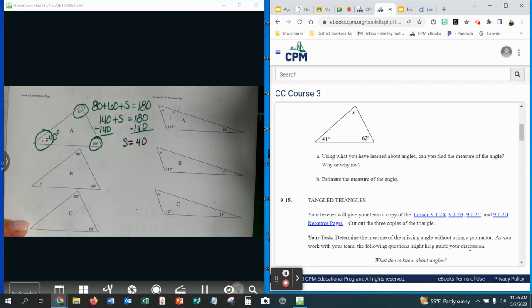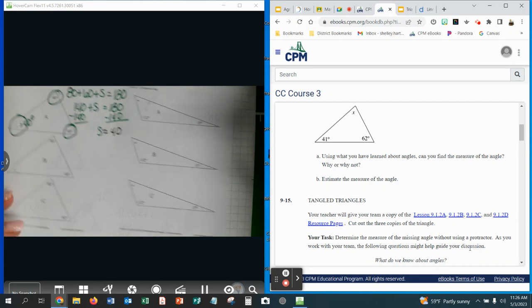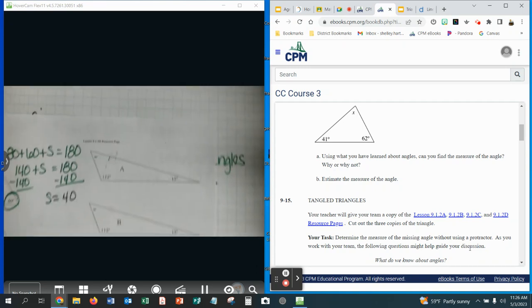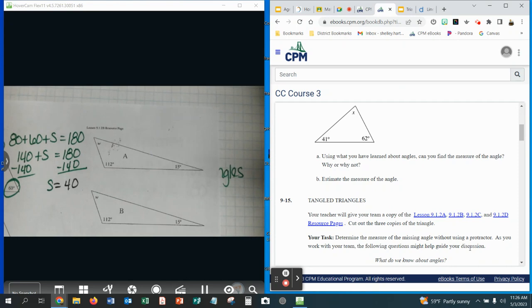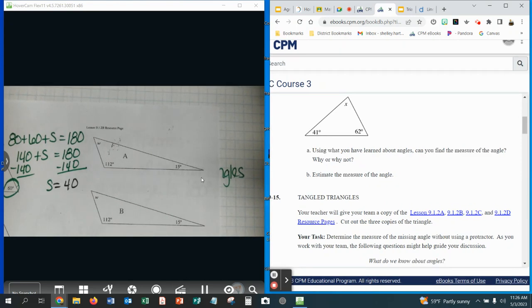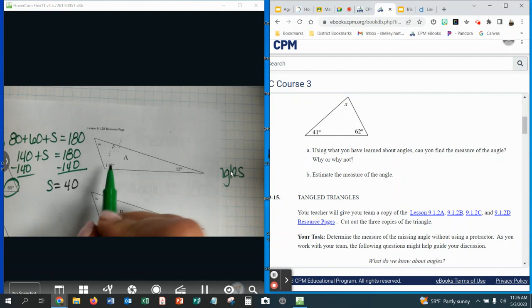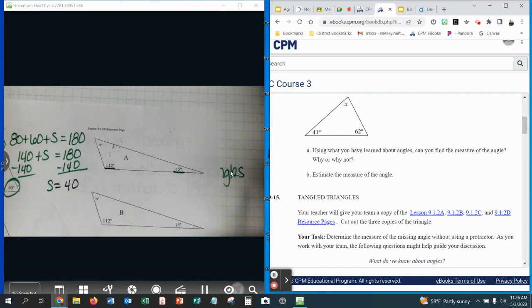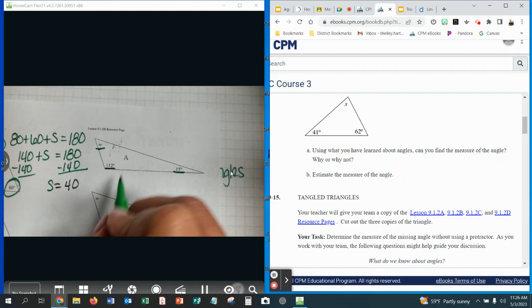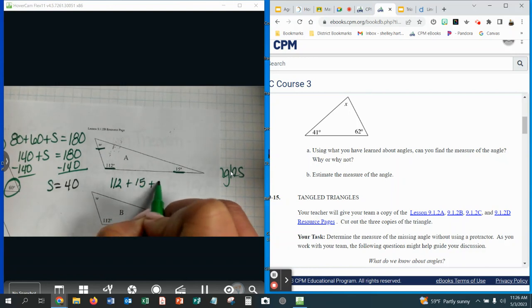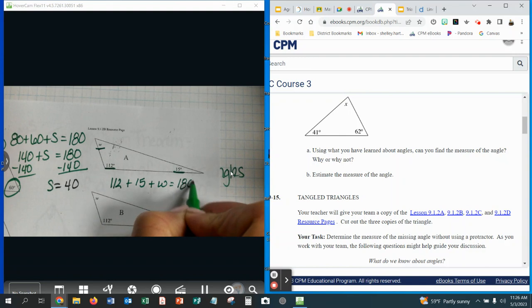Questions on that one? No? Okay, great. You ready to move to the next one? Perfect. Okay. You've got 112, 15, and a W. 112 plus 15 degrees plus W equals 180.